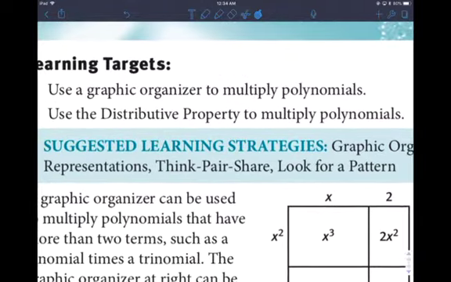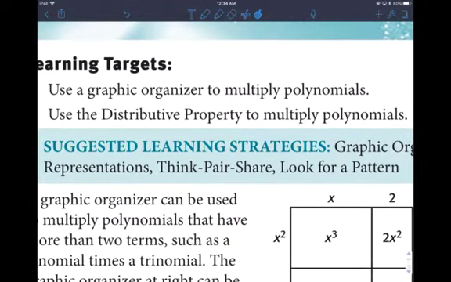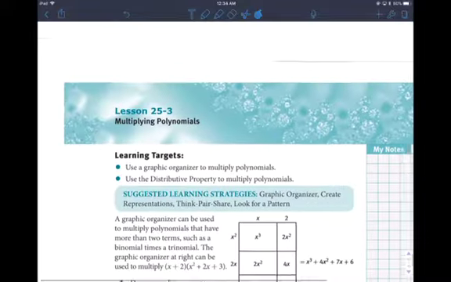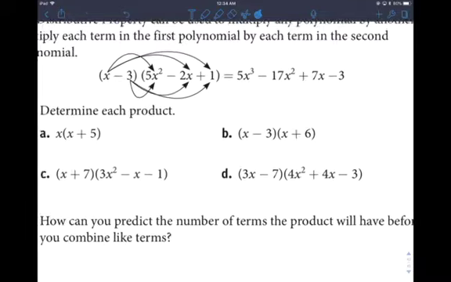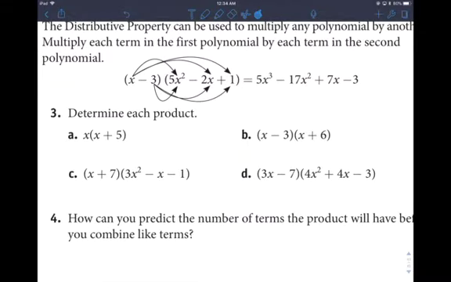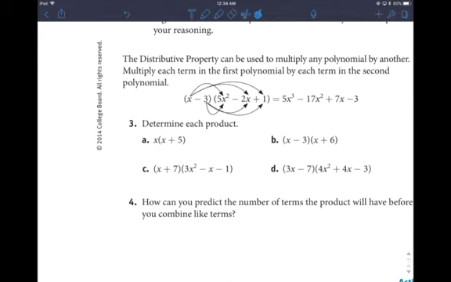The book calls it graphic organizer, but I've been calling it the area model. So we're gonna do these examples right here. So these four examples. So again, using the area model to multiply polynomials.